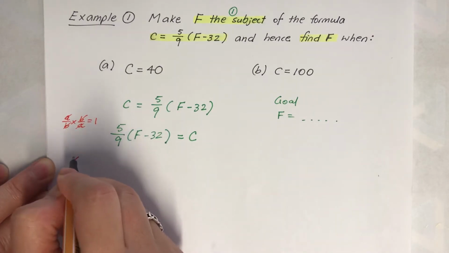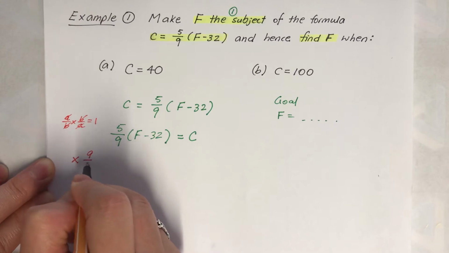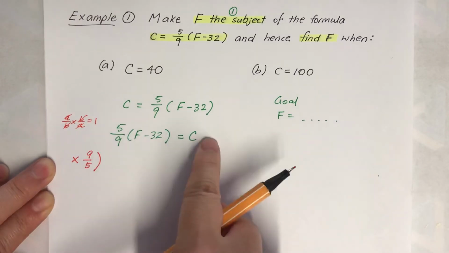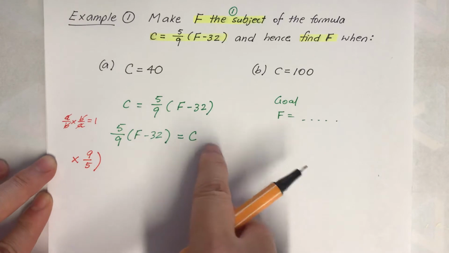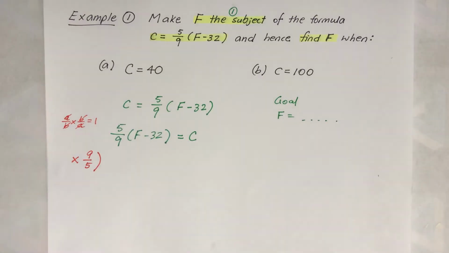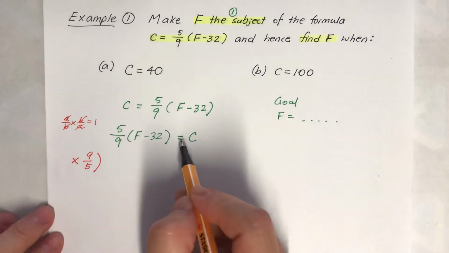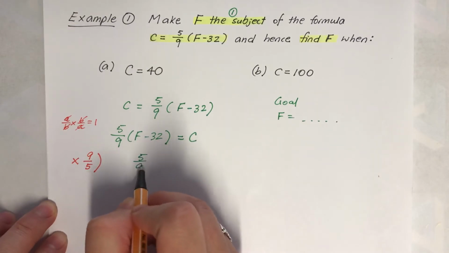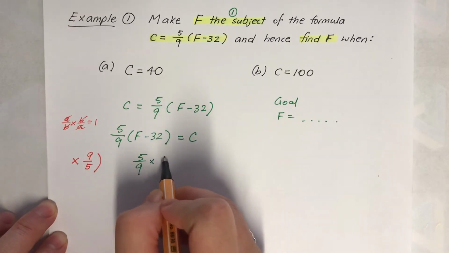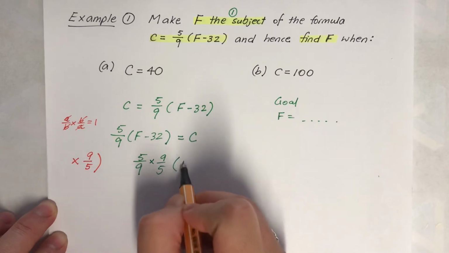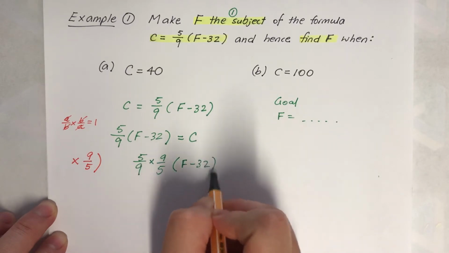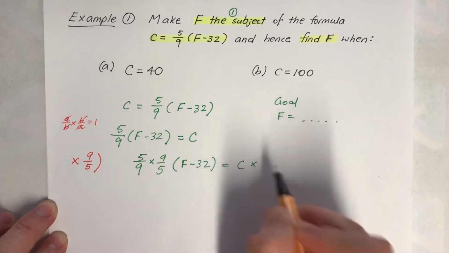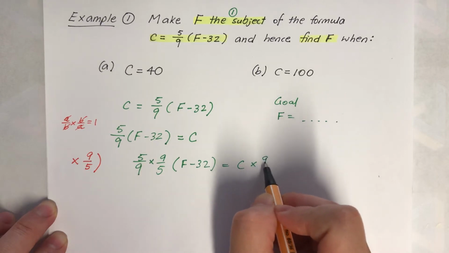So I'm going to do times by 9 over 5 on both sides. Now remember, you've got to do both sides because it's equal. It has to be balanced. So whatever you do on the left hand side, you've got to do on the right hand side as well to keep that balance. So I'm going to do 5 over 9 times 9 over 5 on my left hand side, and exactly the same on my right hand side.